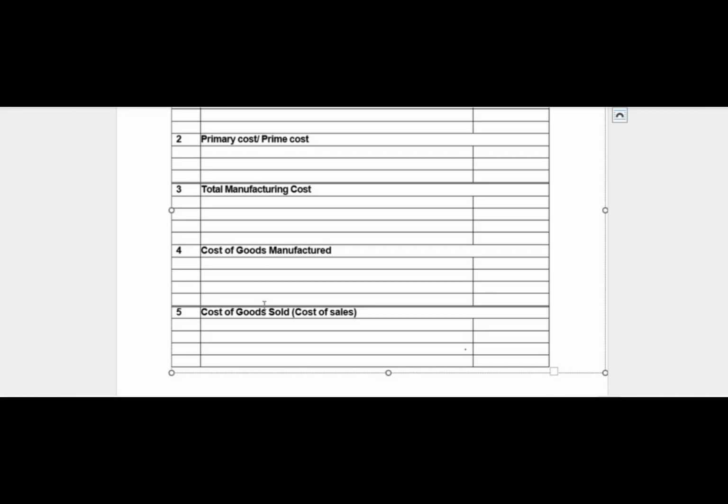Let me show you the formula, or the format, to calculate the cost of goods sold. I want to start there.